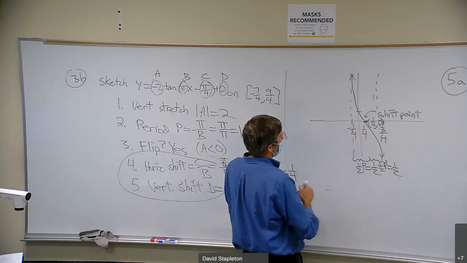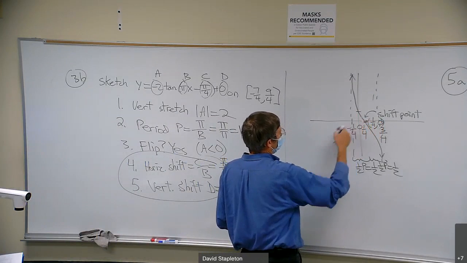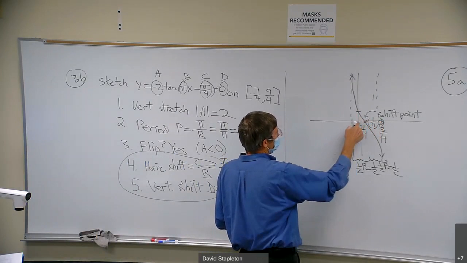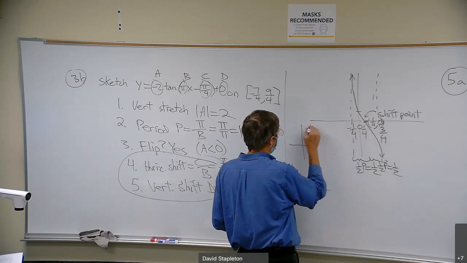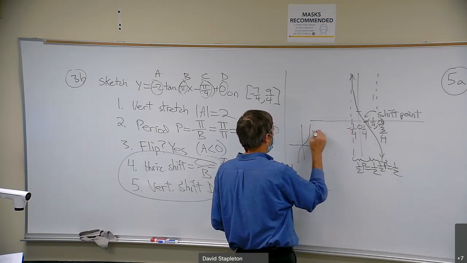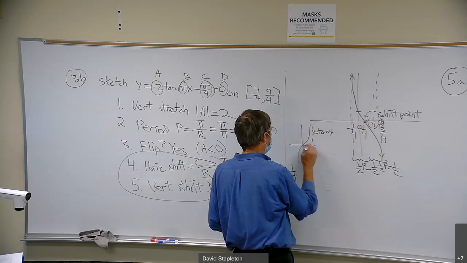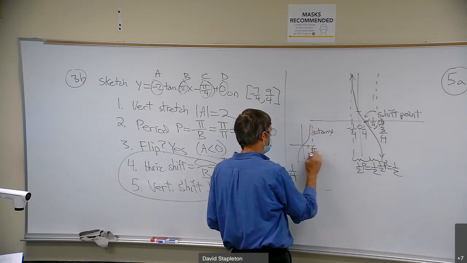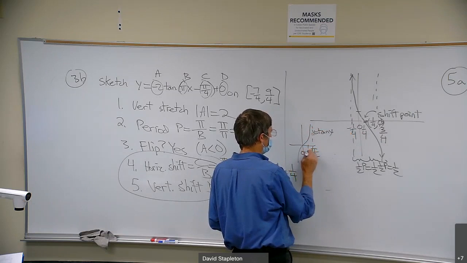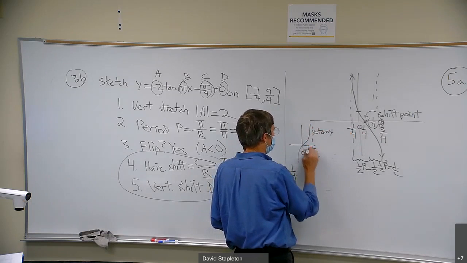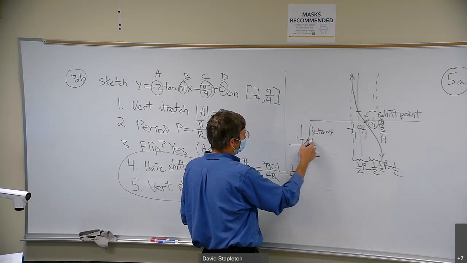Well, this point is halfway between where it crosses its middle line and the asymptote, which means this corresponds to, on the tangent function, let's remind you, if you go to the point halfway between the asymptote at pi over 2 and 0 for y equals tangent, this is pi over 4. You go up 1 unit, right? Because tangent pi over 4 is 1.